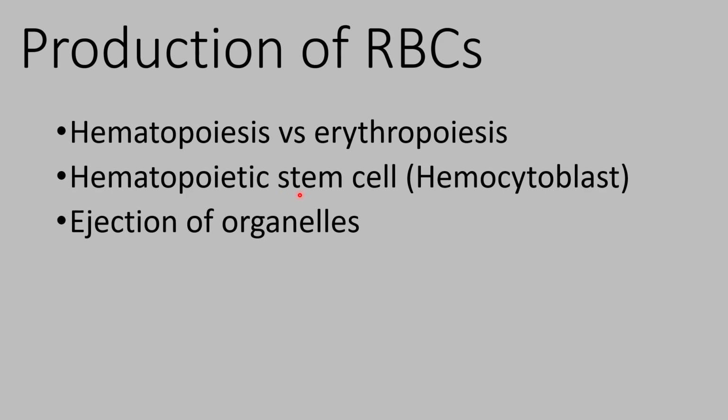We saw different types of stem cells back in Bio 137. These behave just the same, but these cells make blood cells. So another name you might hear them called is hemocytoblast. Hemo for blood, cyto for cell, blast to give rise to.